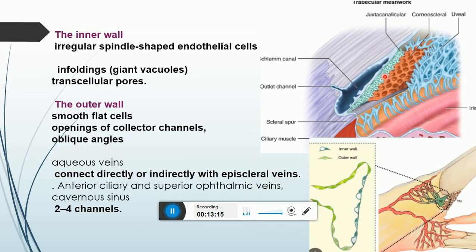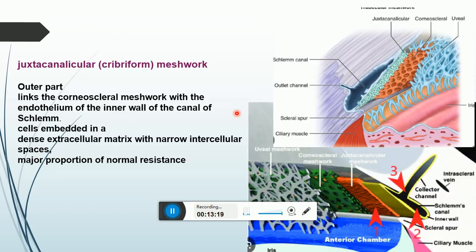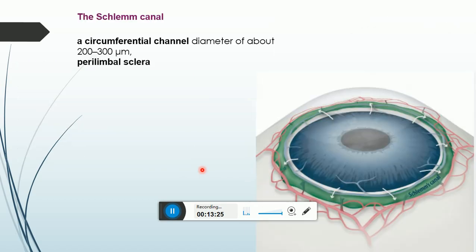Now we will discuss this Schlemm canal. It is a circumferential channel within the perilimbal sclera.